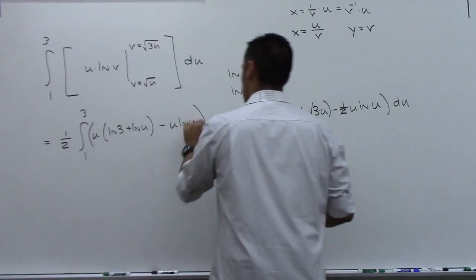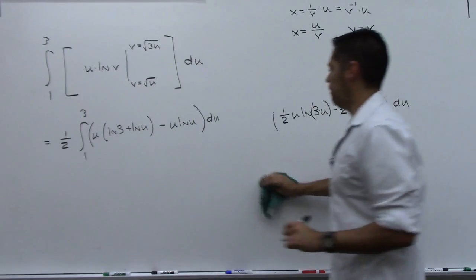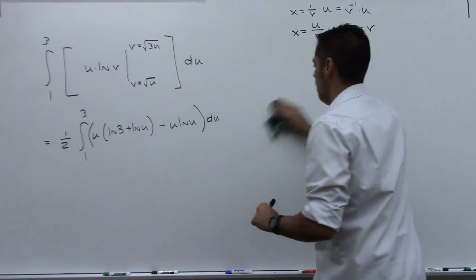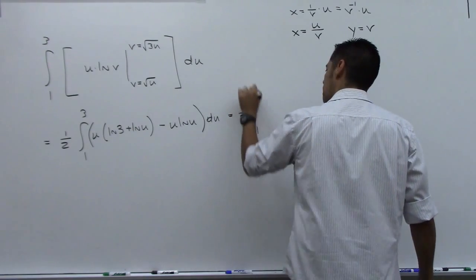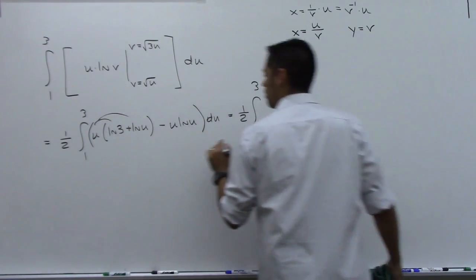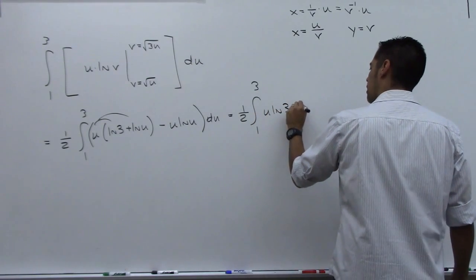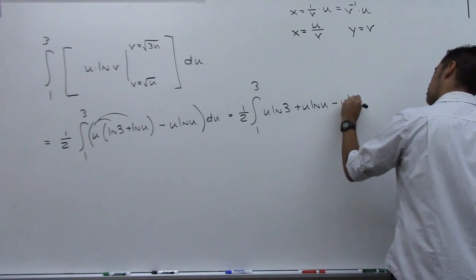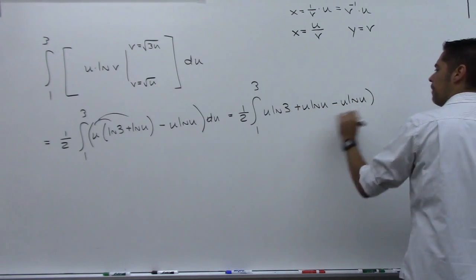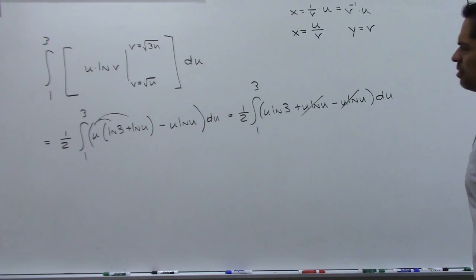I can put parentheses out here like that, du. And then I'll distribute that u through: 1/2 integral 1 to 3, u natural log 3 plus u natural log u, and then minus u natural log u. Ooh, that's nice. du, and these cancel. Something tells me I should have seen that earlier. It's okay. Keep it going.